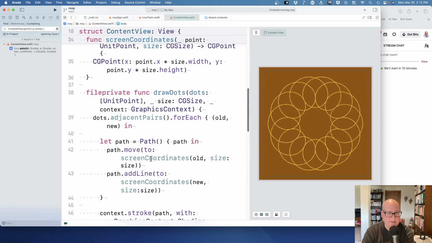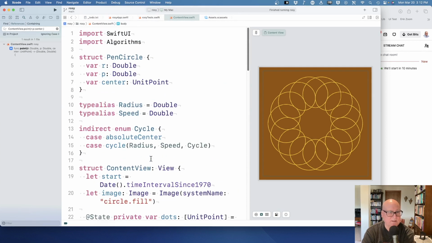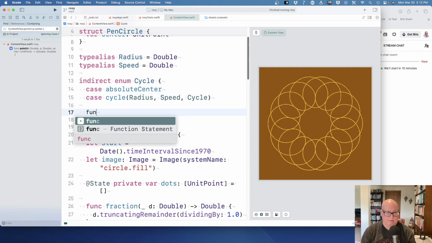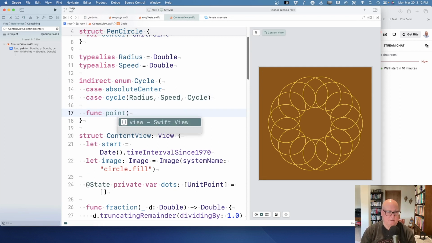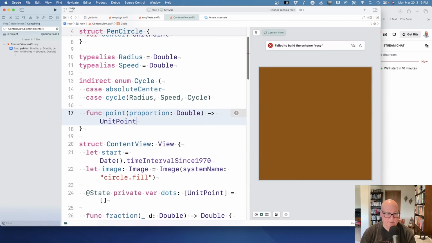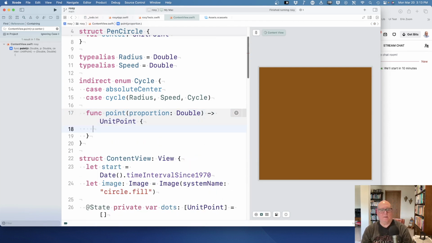It's point at or for proportion. Okay, so let's give this thing a function. Point for, well, let's just say proportion. Proportion is a double. Produces a unit point.